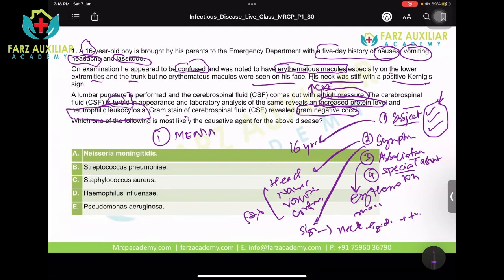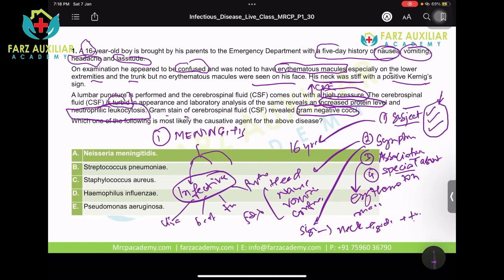Is it infective meningitis or non-infective meningitis? Infective. What kind of infection? Turbid, increased protein level and neutrophilic leukocytes. So this is infective. What kind of infective? Viral, bacterial, fungal, or protozoan?